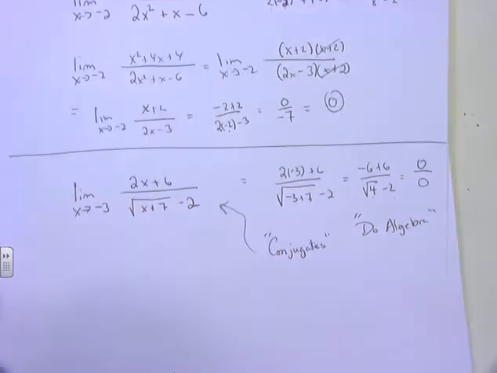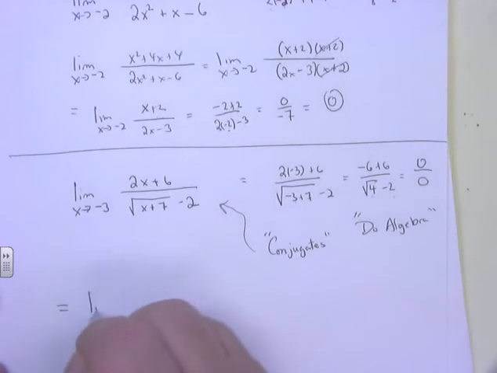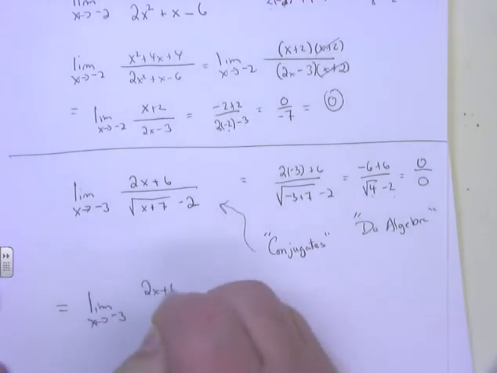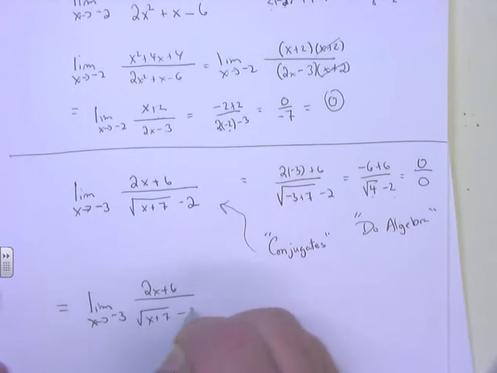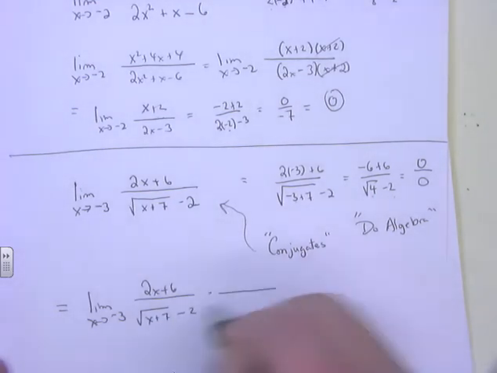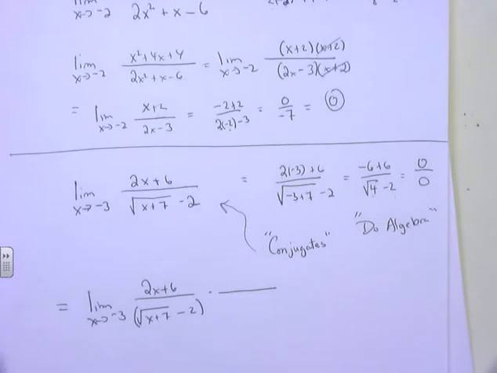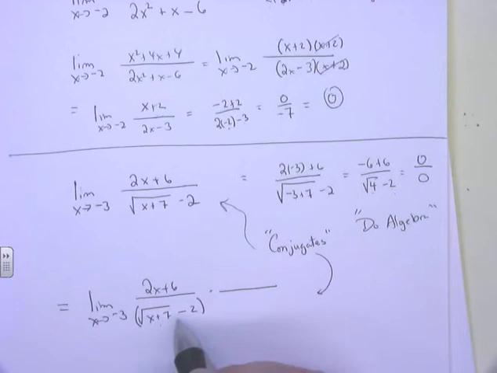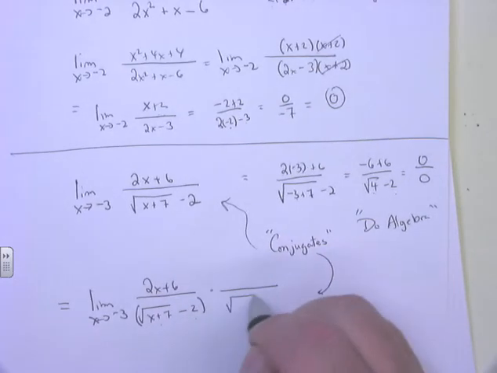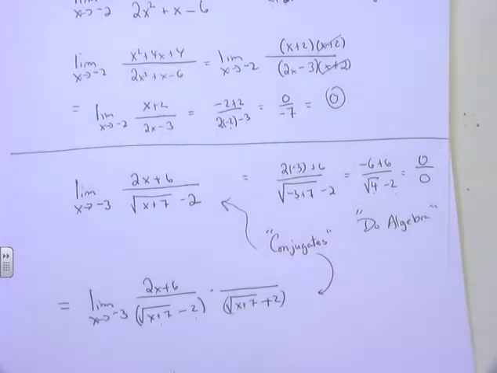So this problem now is going to turn into the limit as x approaches -3 of (2x + 6) over the square root of (x + 7) minus 2. And what I'm going to do here is multiply by the conjugate of where the radical is. What is the conjugate of the square root of (x + 7) minus 2? Square root of (x + 7) plus 2.